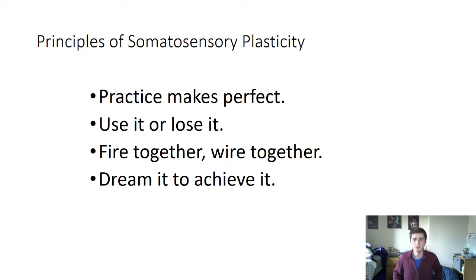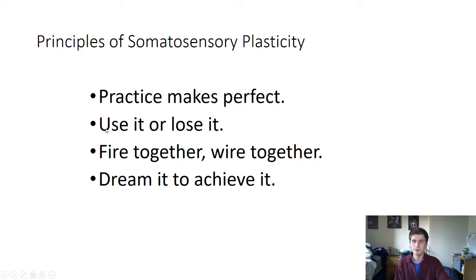Practice makes perfect is this idea that if a given series of neurons fires, the more you practice that thing, the more effective and quick that series of neurons can go. That's actually more fire and wire together. Practice makes perfect seems pretty self-explanatory, but I'm having trouble bringing it into words.